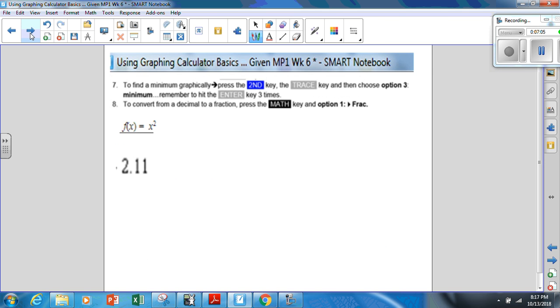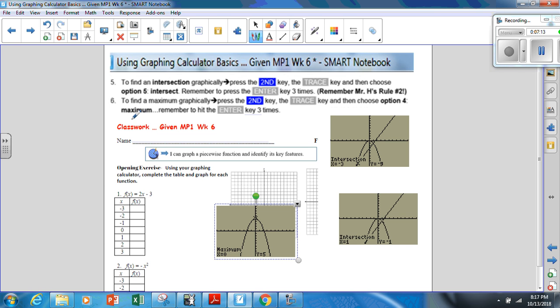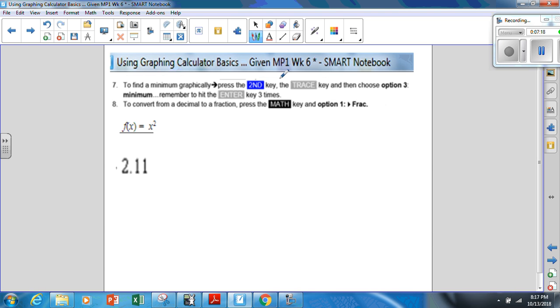So I take this equation, x², and let's get creative. Let's make it x² + 5.